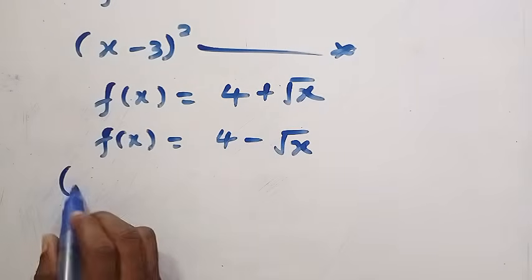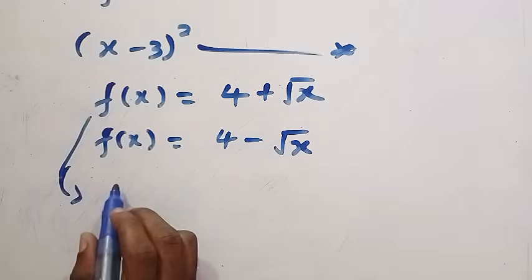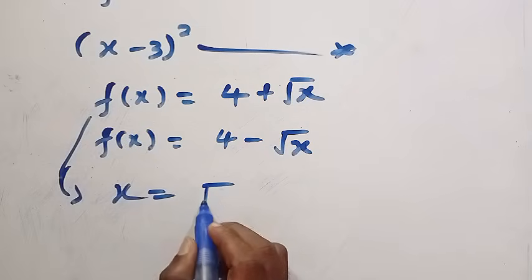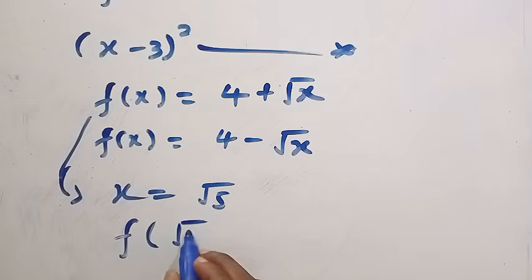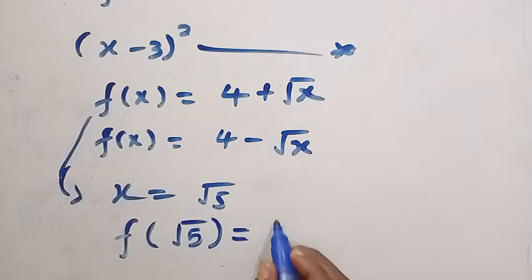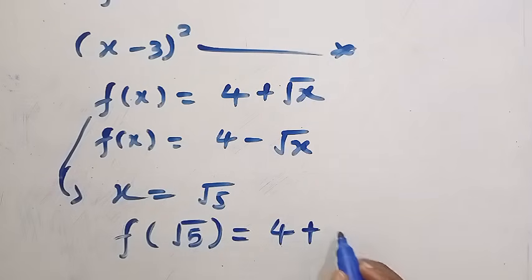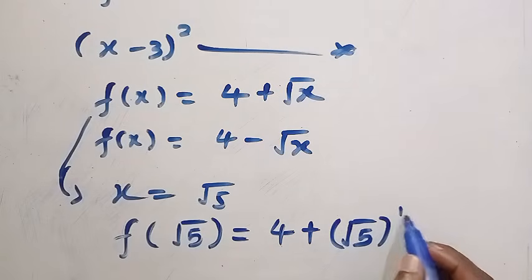From the first one, if our x here equals the square root of 5, we substitute. By substituting, we have f of root 5 equals 4 plus the square root of 5, all raised to the power of 1 over 2.